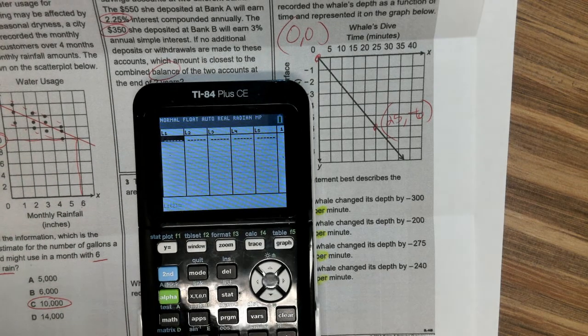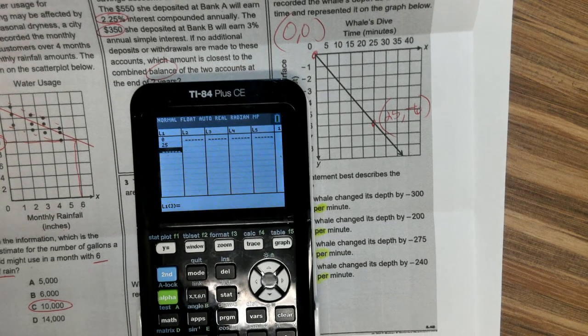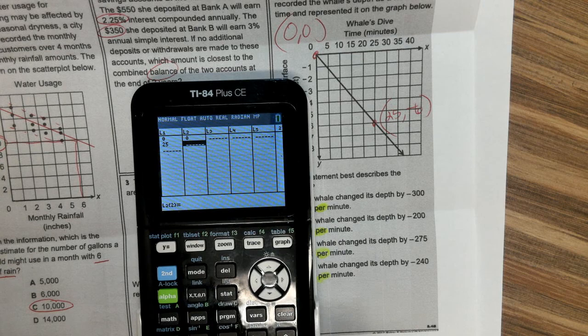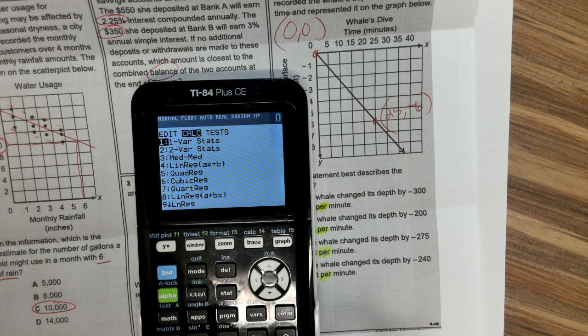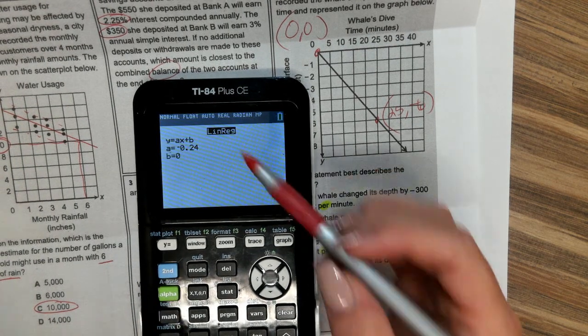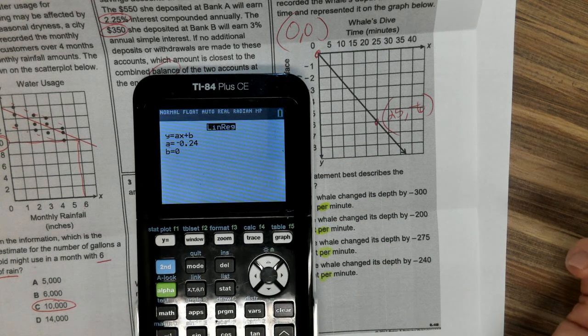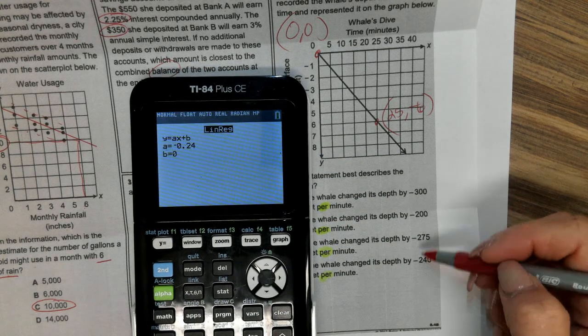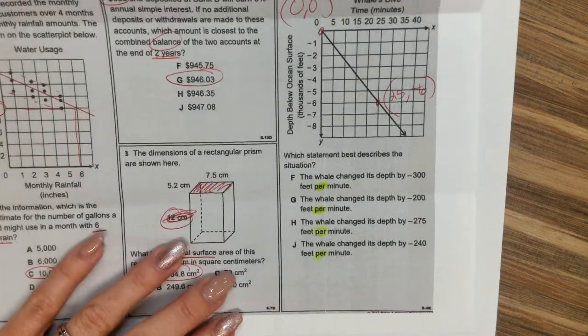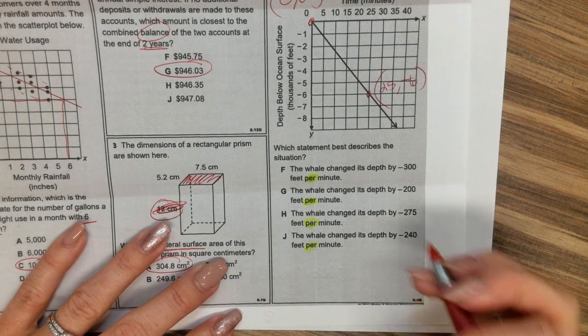I'm going to put in 0 and 25, and I'm going to put in 0 and negative 6. Stat, calc, option 4. And what is my slope? Negative 0.24. So which one of those, if I multiply by 100, would be negative 2.4? There you go.